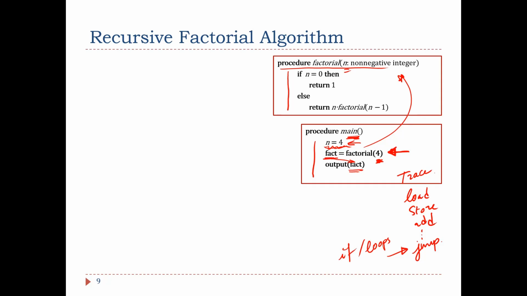But we also have unconditional jumps, which are actually used to make function calls.